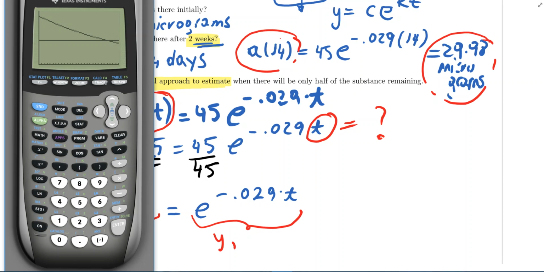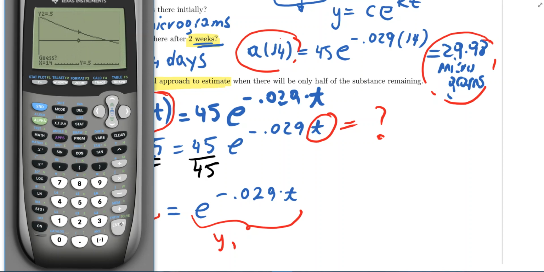So to find the intersection point, we go to second calc. I press trace, and I'm going to pick intersection. The first curve, I'm going to pick the exponential decay curve, and the second curve, I'm going to pick the horizontal line.